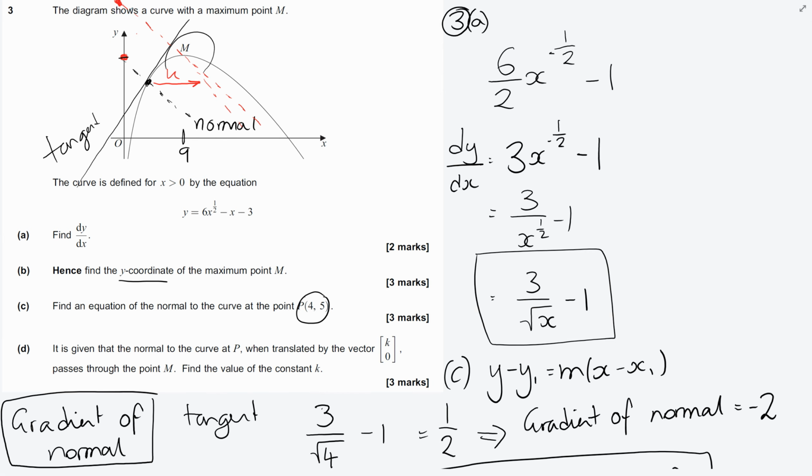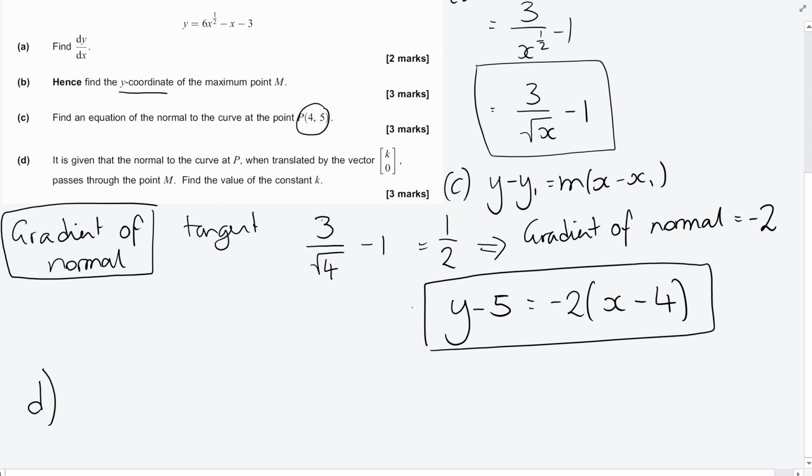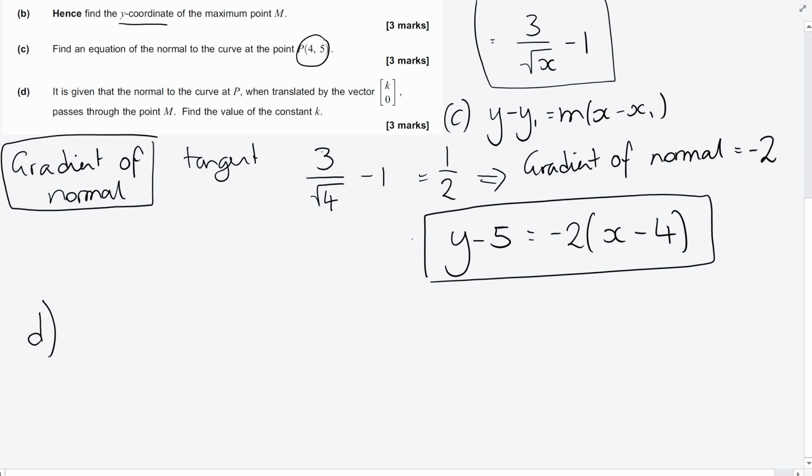The method I'm going to use is to take the equation of the line that we've just found: y minus 5 equals minus 2 times (x minus 4).